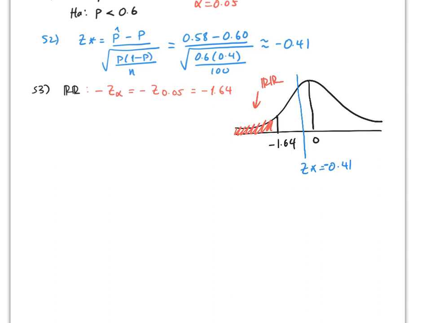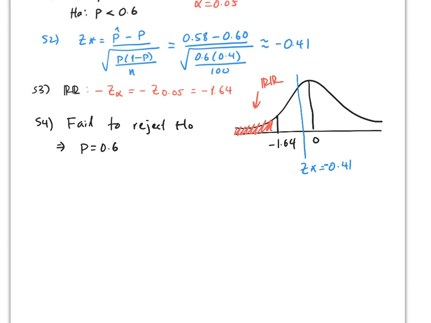So the conclusion is fail to reject H0, which implies the P is equals to 0.6.